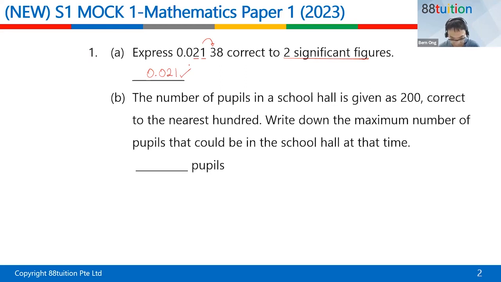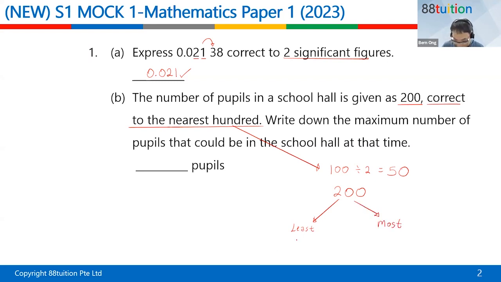The number of pupils in a school hall is 200. This has already been corrected to the nearest 100. This type of question I always do in primary school. When I see the word 100, I will just divide by 2, to give me 50. Hello, Mingjun. So if the number is 200, the question may ask me what is the least possible value and what is the most possible value.